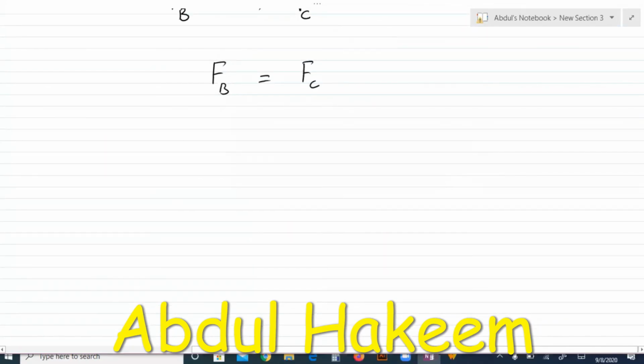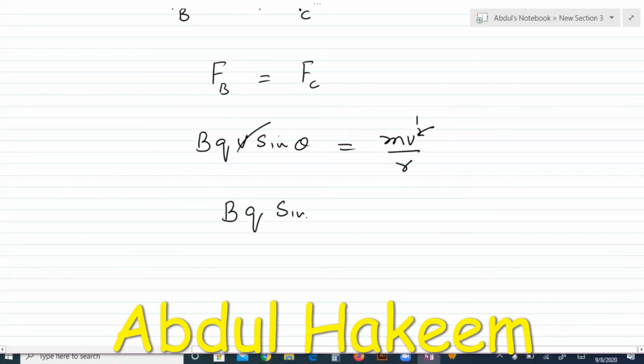Now the magnetic force is BQV sine theta, and the centripetal force is mv square over r. Now, in velocity, one v cancels, one remains. So BQ sine theta is equal to mv over r.